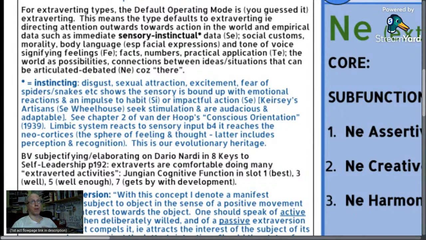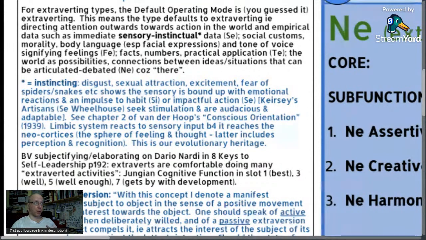I'll read this through. For extroverting types, the default operating mode is, you guessed it, extroverting. This means the type defaults to extroverting, i.e. directing attention outwards towards action in the world and empirical data, such as immediate sensory instinctual data, so that would be SE, social customs, morality, body language, especially facial expressions and tone of voice, signifying feelings, or facts, numbers, practical application, TE.